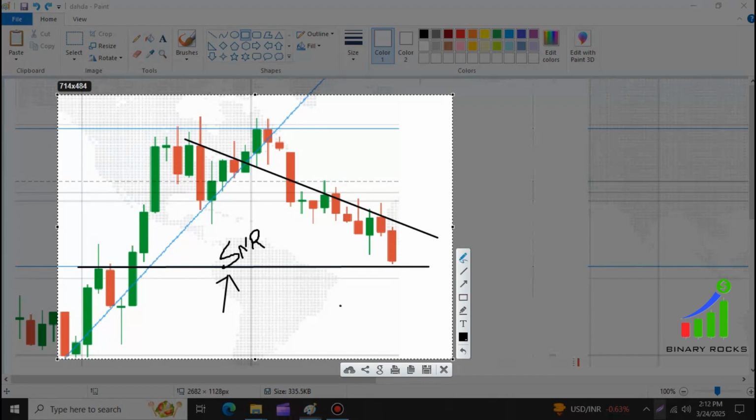How I will say, sometimes if you get strong levels, maybe the market will make two retracements like this, and it will take support, and again the market may go down easily with the help of the trend line.